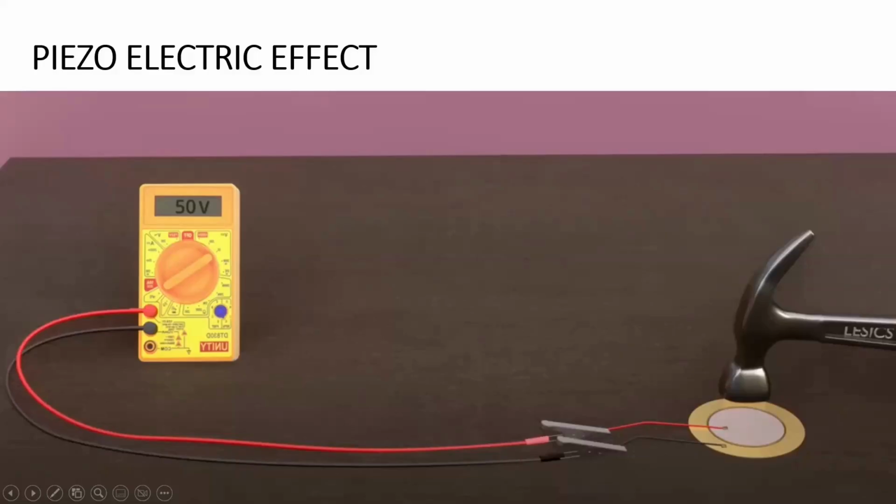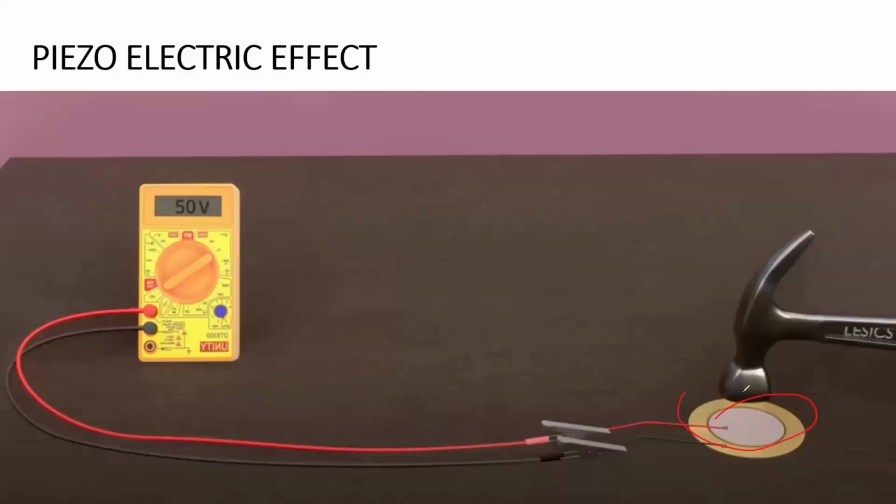That displaced electric charge is then seen across electrodes that are attached to the crystal, creating a measurable voltage, which is proportional to the applied pressure, just like shown here. From the hammer here, and this is the quartz.